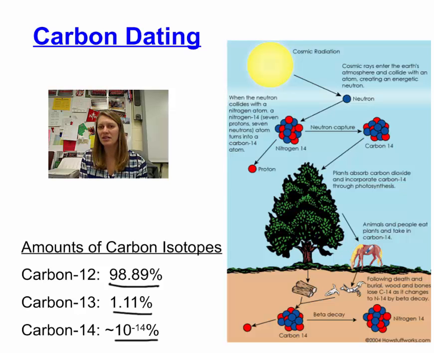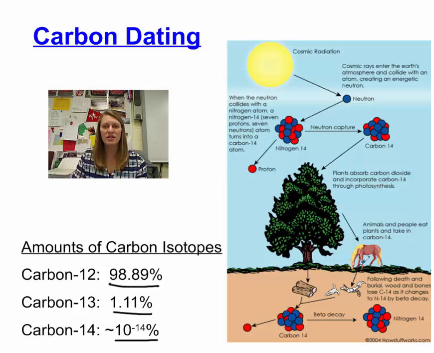If anything eats the plant or would eat something that eats a plant, then the carbon-14 also gets passed into those people or animals and is in their tissue. So when the tree dies or when the animal dies, this carbon-14 is in the bones or in the material that once made up that living thing.